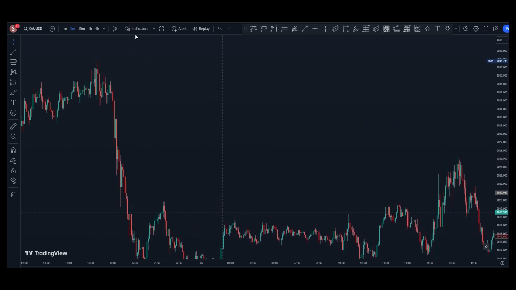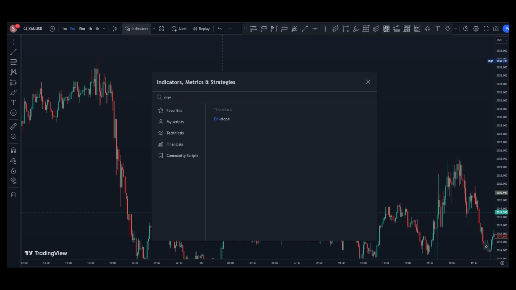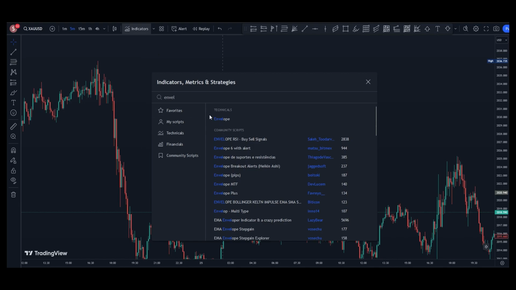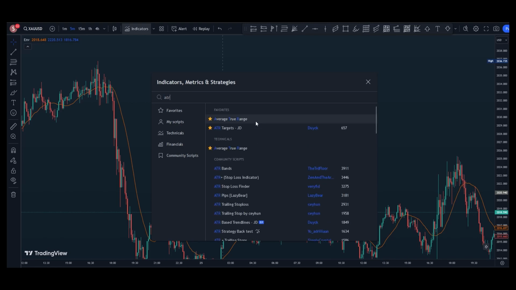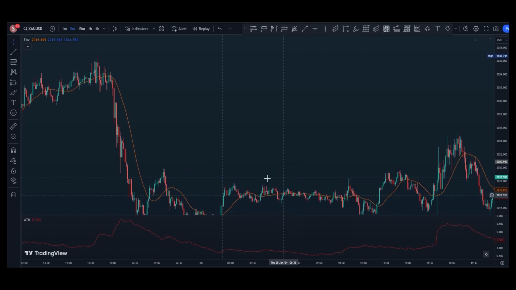To add these two indicators, just click on this indicator here and write envelope. You'll see envelope in here, and let's add ATR, average true range, one of my favorite indicators that I'm going to use too much.